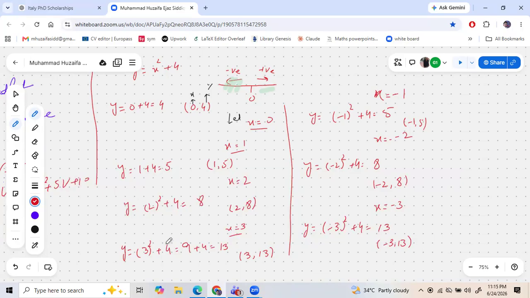After this, they skip mathematics and run away. But here I'm giving the physical application to link it with physical life, so that you understand where we put these functions.